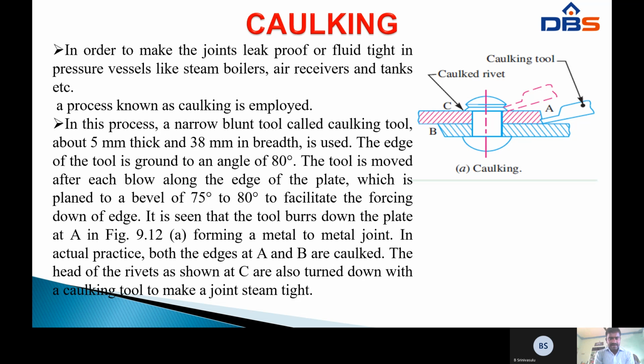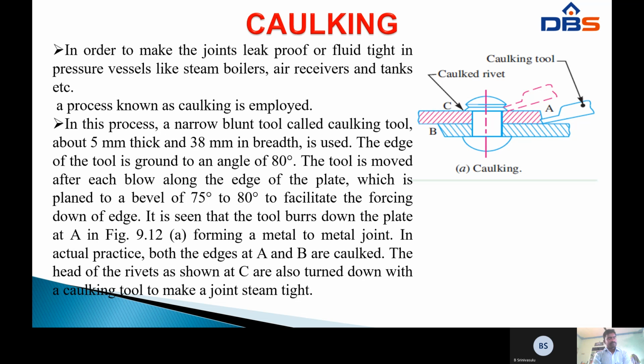In actual practice, both the edges at A and B are caulked. The heads of the rivets, as shown at C, are also turned down with the caulking tool to make a joint steam tight. Now, this is the caulking.